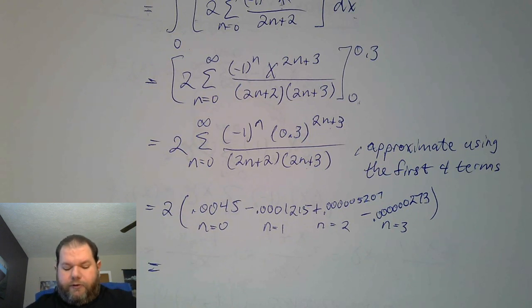So we take 0.0045 minus 0.0001215 plus 0.00005207 minus 0.000000273.